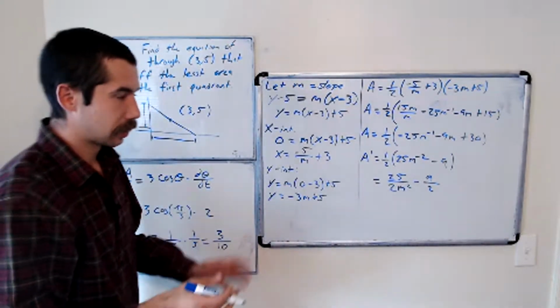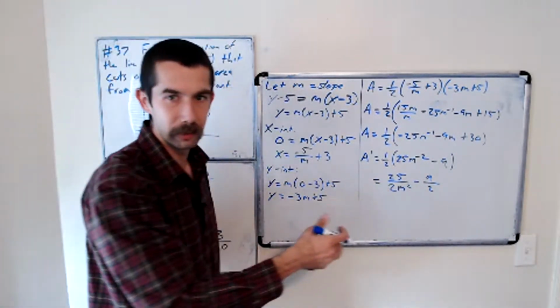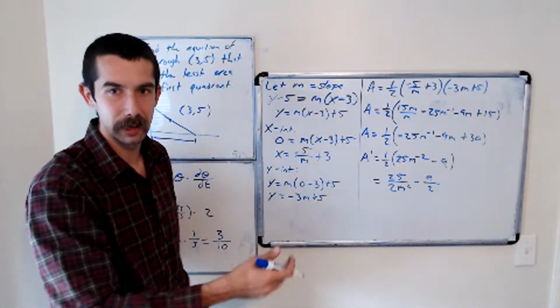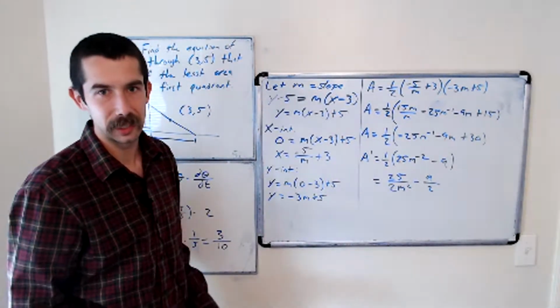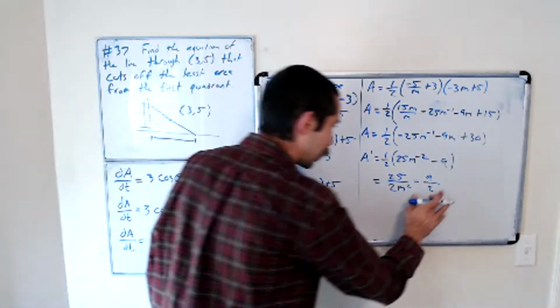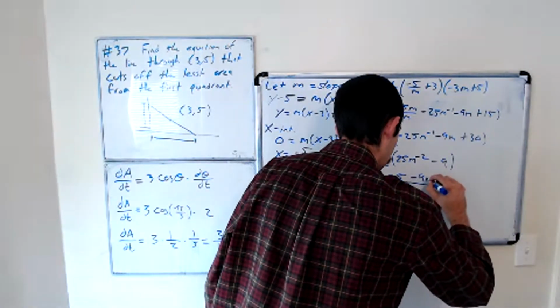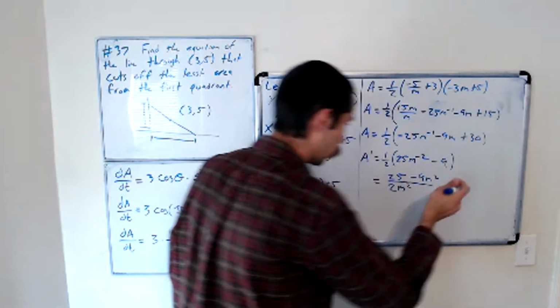We want to turn this into a single fraction, so we can find when it's 0 or undefined, right? If you get a nice common denominator, it's easy to check when it's 0 and when it's undefined. Okay, so getting a common denominator, this is 25 minus 9m squared all over 2m squared.